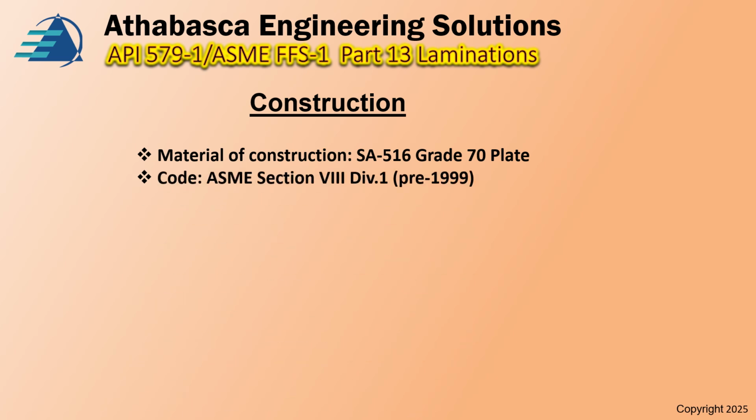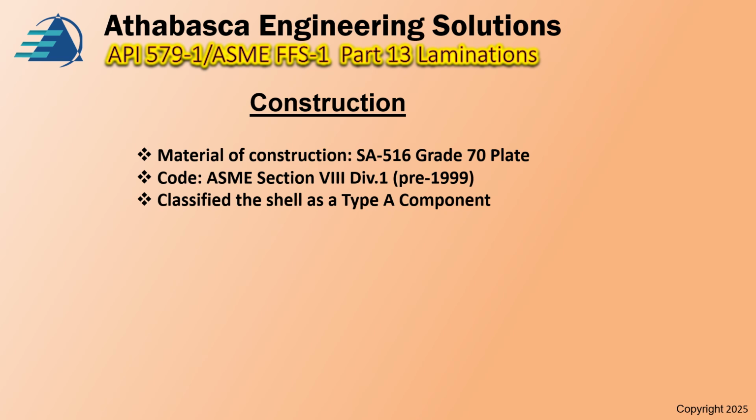The design and construction code is ASME Section 8 Division 1, and it's pre-1999. So essentially, the allowable stresses are different. There's a few other little differences, but that's about it. I have a great video on the differences in these allowable stresses in our library if you'd like to take a look.